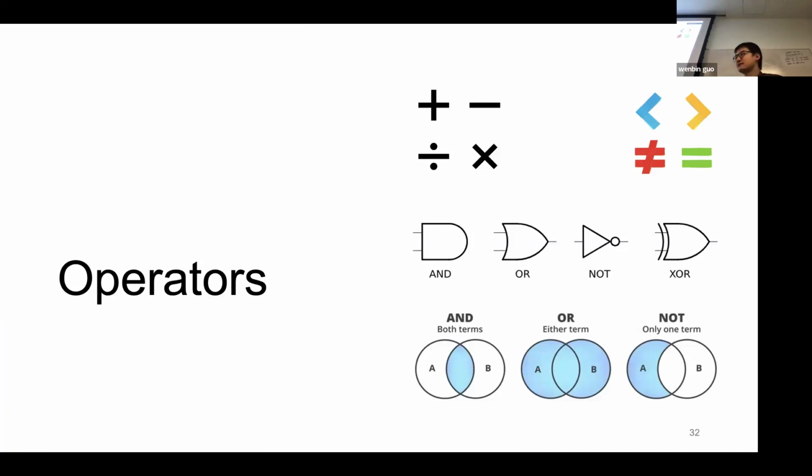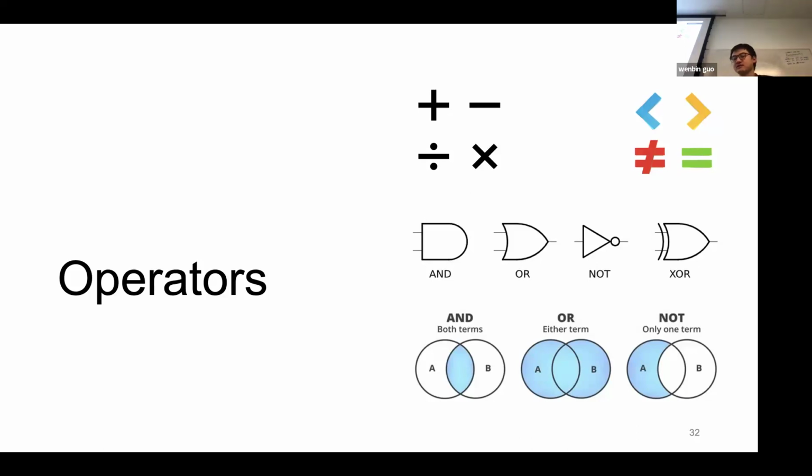For example, the very basic ones we learn from primary school are plus, minus, times, or divide. And later, as we become more senior, we learn relationship operators: bigger than, greater than, equal, not equal. And if you have some courses in the computer science department, you will learn digital logic: and, or, not, XOR.